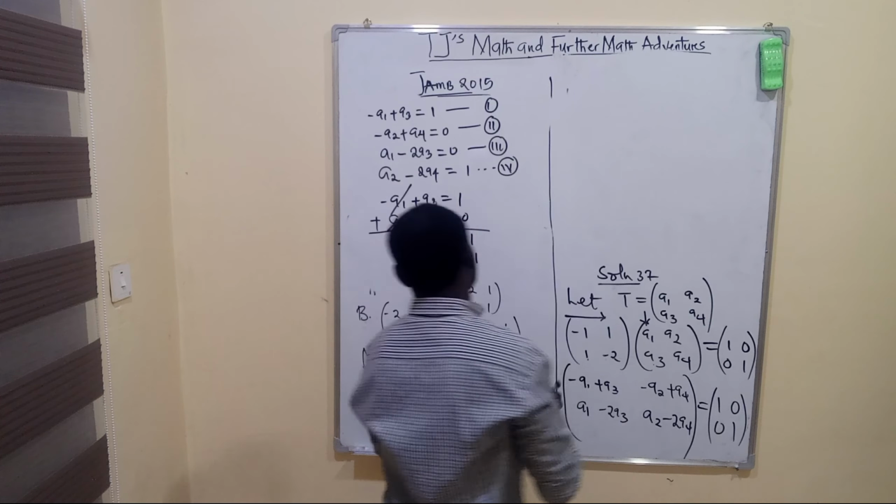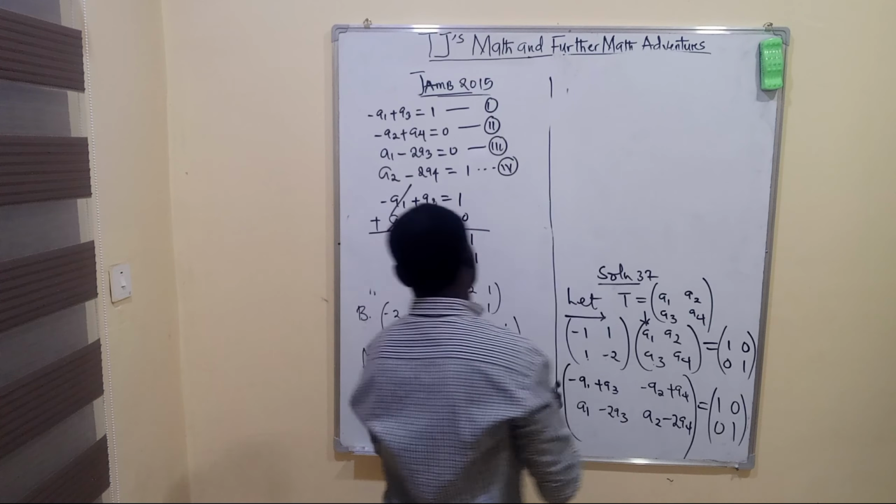A4 plus minus 2A4 will be minus A4 equals 1. A4 now is minus 1. The last one now is to find A2. You can put A4 into equation 2. That will be minus A2 minus 1 equals 0. Minus A2 now will be equal to 1, so A2 will be minus 1.